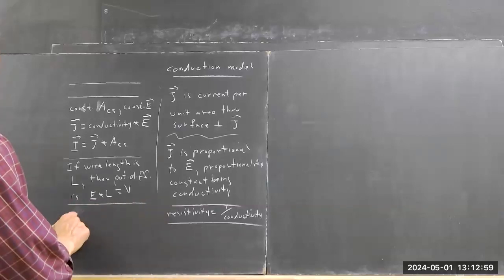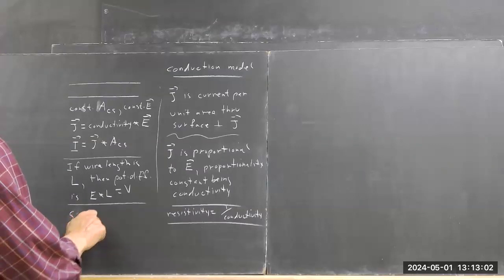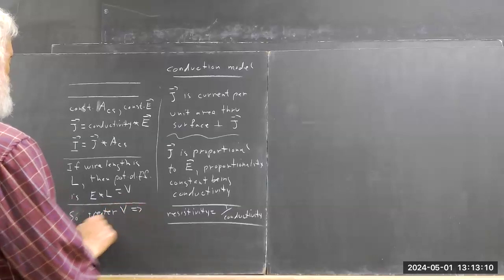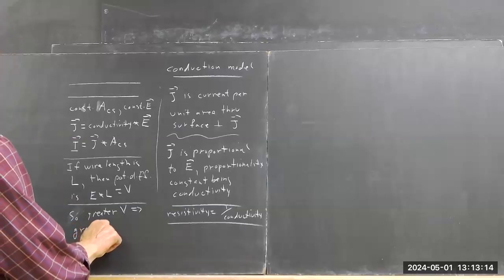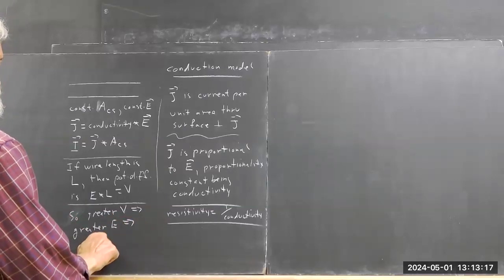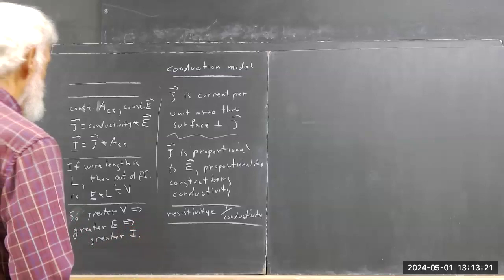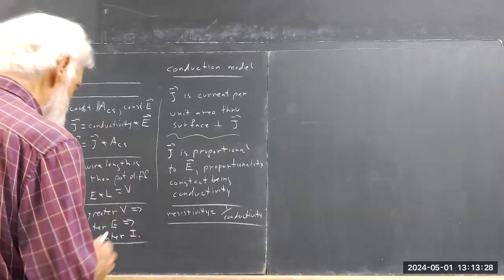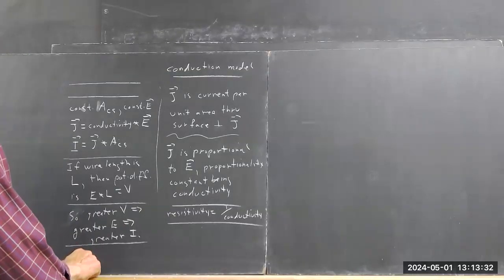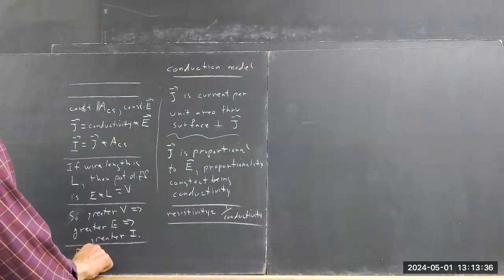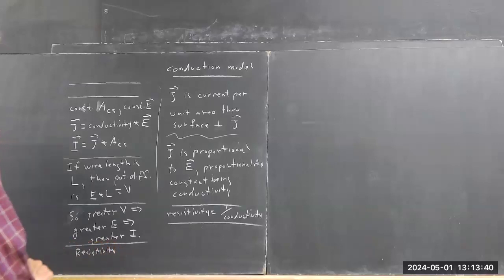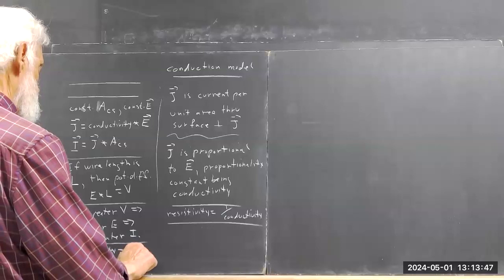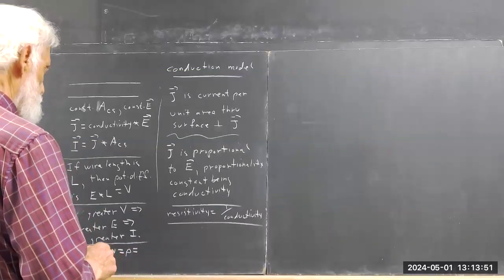So greater V implies greater E implies greater I. I don't want to take the time to do all the algebra. Resistivity is rho equals, oh, sorry.